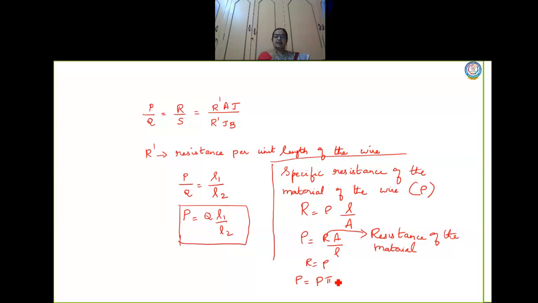Area is pi r square by L. This is the formula to determine the specific resistance of the material of the wire. So this can be determined using the meter bridge. It's a very important experiment and also very easy to do.